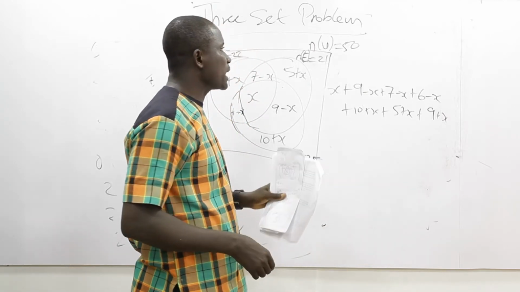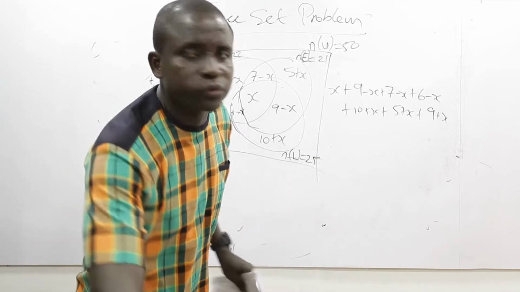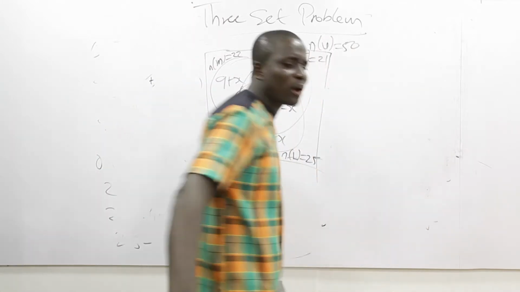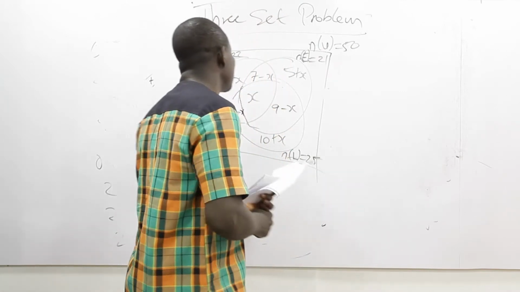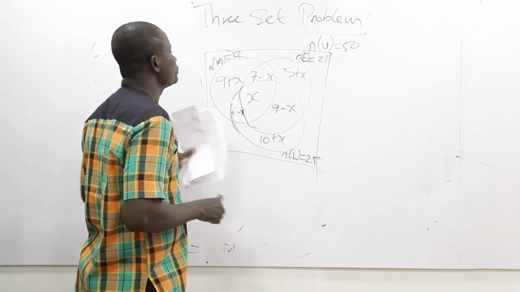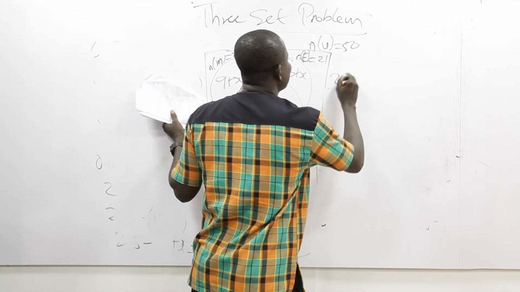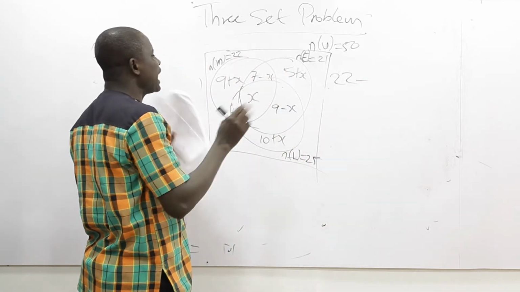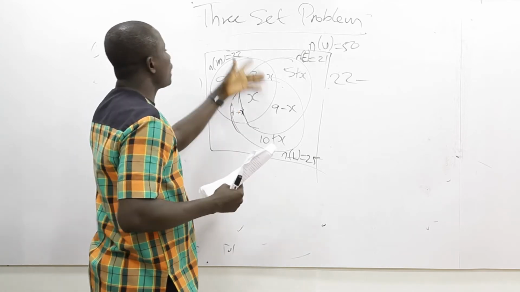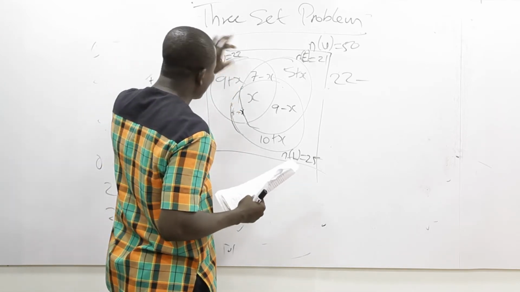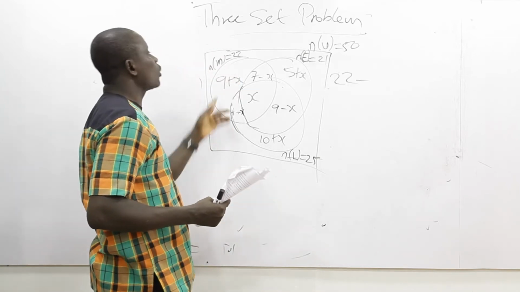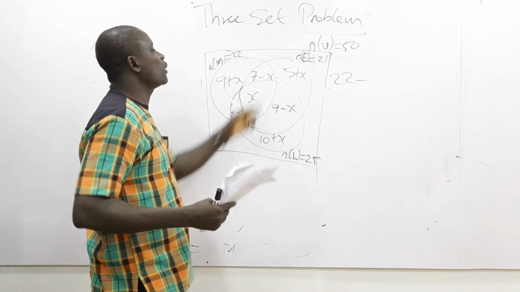It doesn't help, right? So there is a simple way of solving this. With that lengthy calculation, you may even get confused when you are going to cancel x. So look at the approach I'm going to use. I'm going to write 22 like this. The moment I write 22, I avoid writing every element within the circle, because the 22 represents the entire addition of the content here.